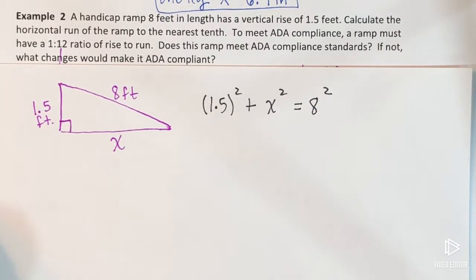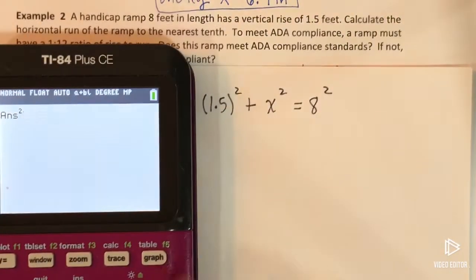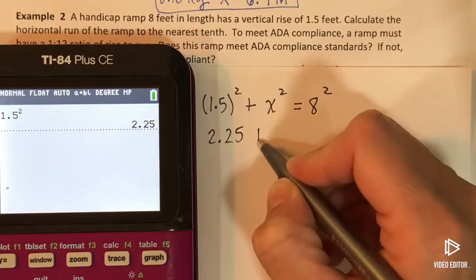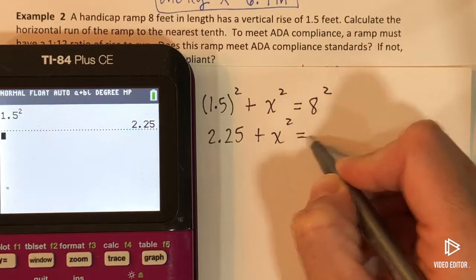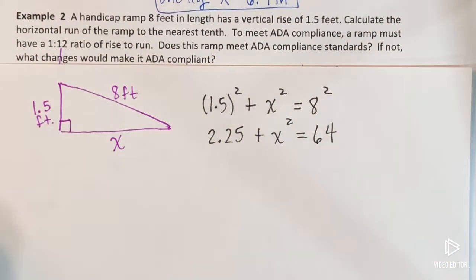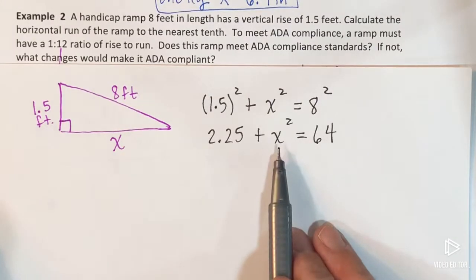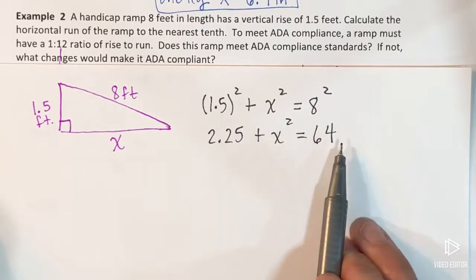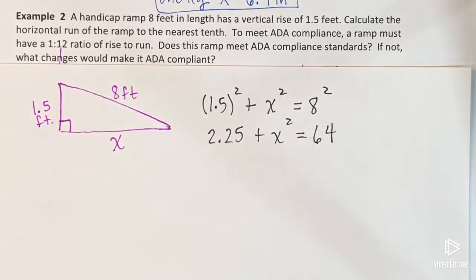Okay, so take your 1.5 and square it. And you get 2.25, and we'll hang on to the decimals until the end so we don't make a rounding mistake. 8 squared is 64. And then similar to before, because I only have an x squared with no other x's or anything, I can isolate x squared on the left, my numbers on the right, and use the square root property.